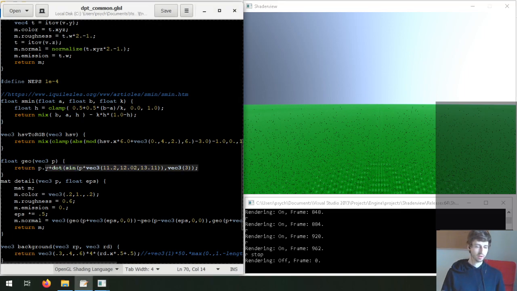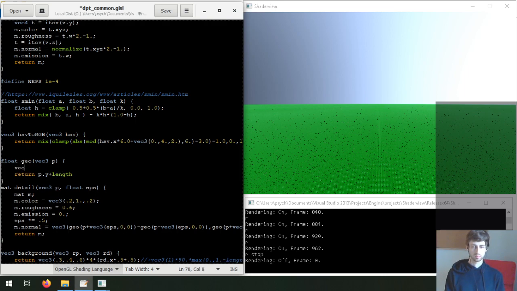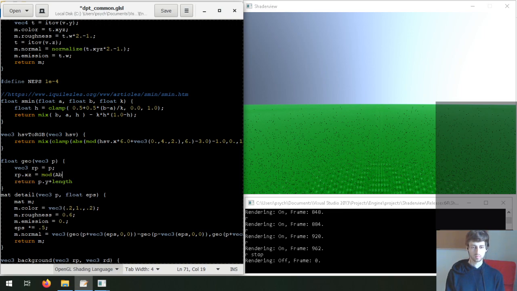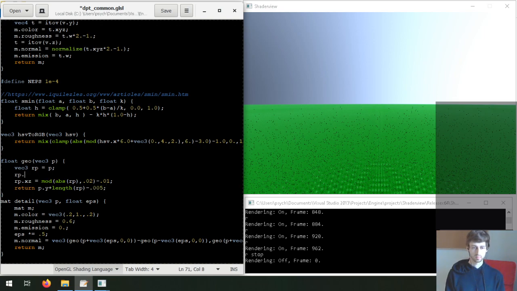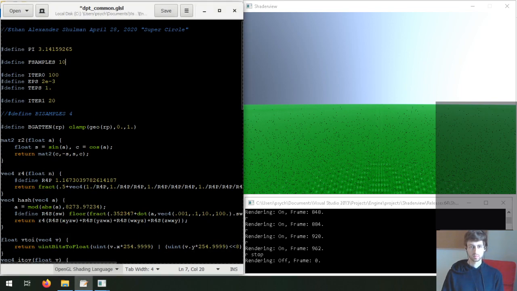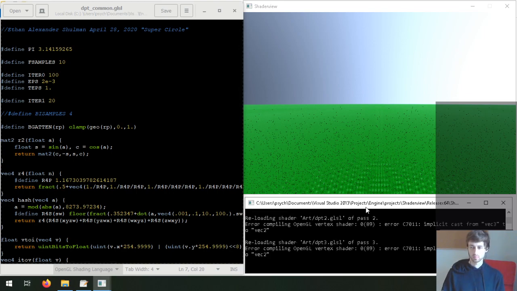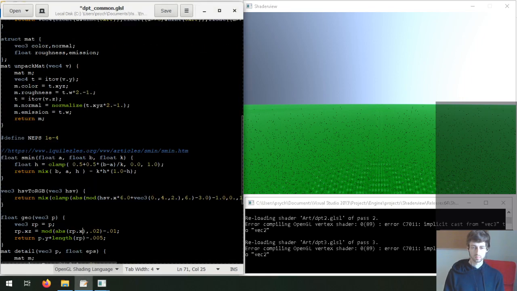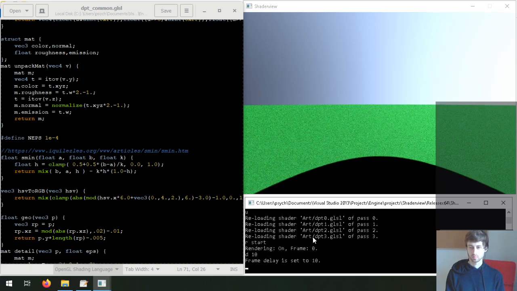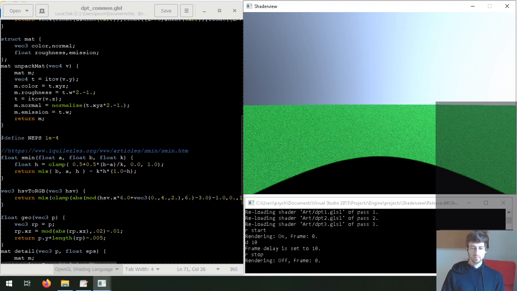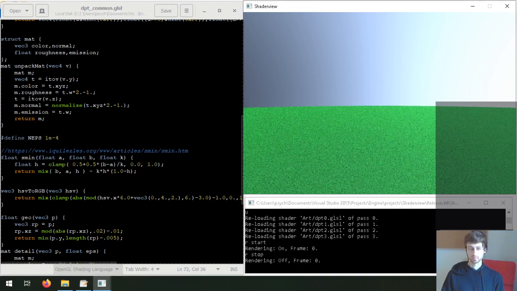Alright, well, I think I'm going to actually try to simulate the grass with little spheres then. Alright, let me see.